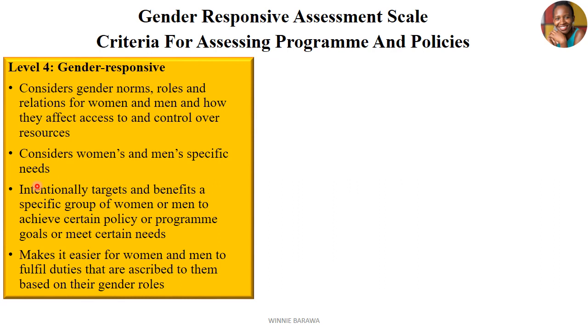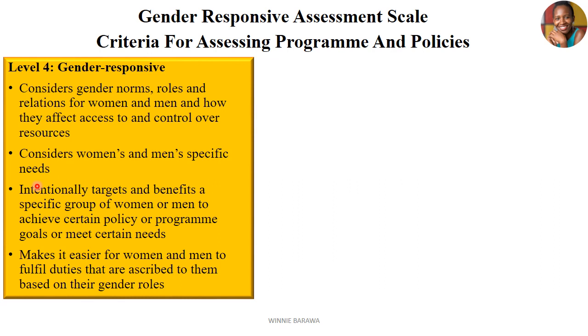And so to fulfill these duties, gender responsive works together to come up with targets, benefits, and interventions that can help meet the needs of these affected genders. So it does not segregate one gender from the other.